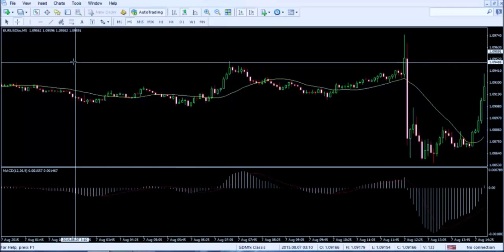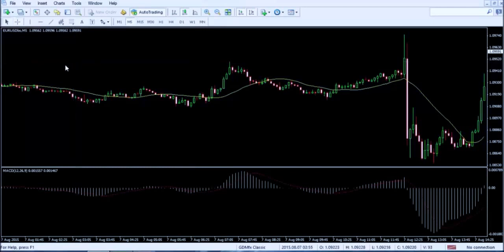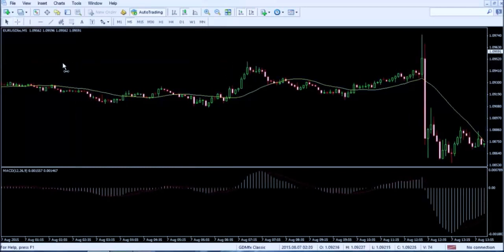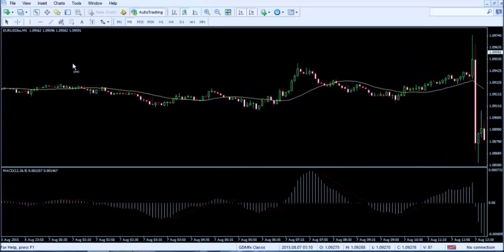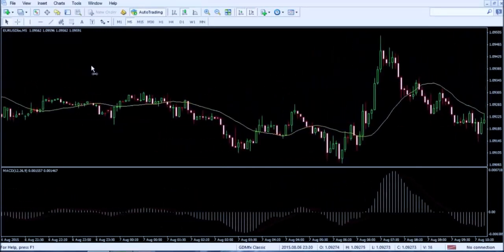Okay, that's two signals for calls which are both in the money. Let's have a look at a put option.